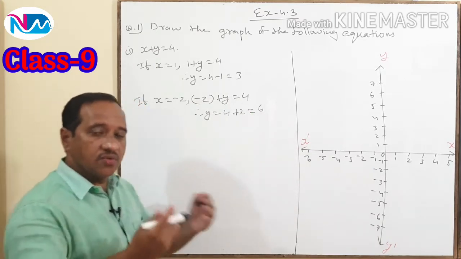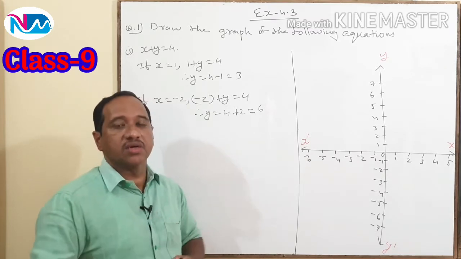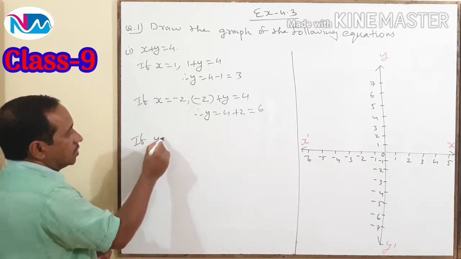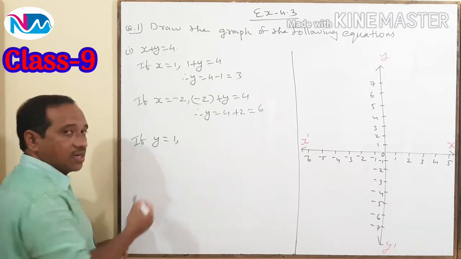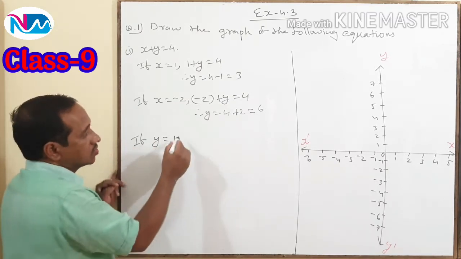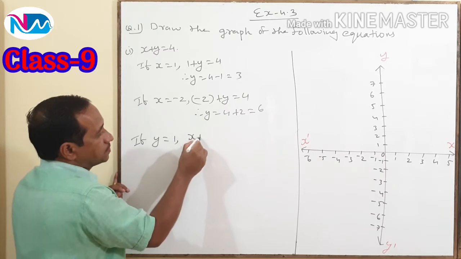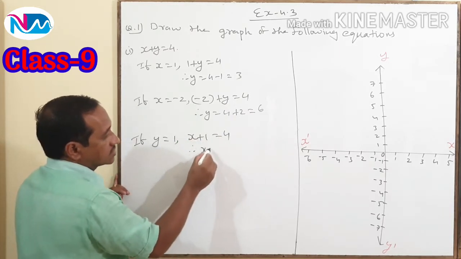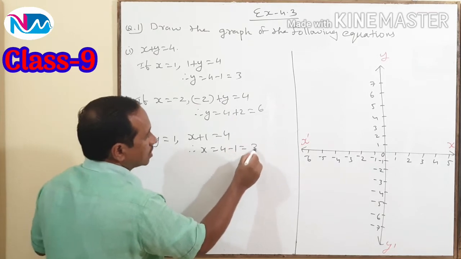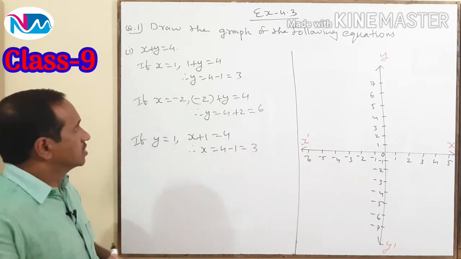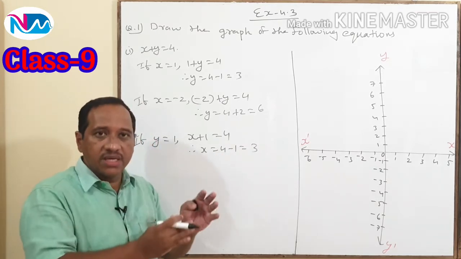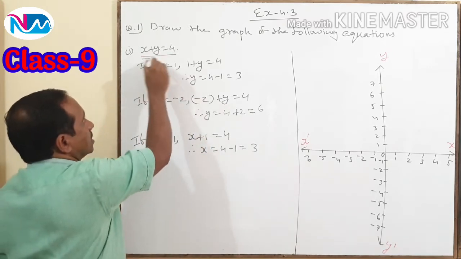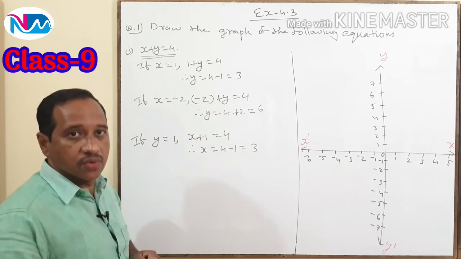You can give any value for x as well as a value for y also. Next, I give y is equal to 1, then x plus 1 is equal to 4. Therefore, x is equal to 4 minus 1, that is equal to 3. So here we are getting 3 solutions of the linear equation x plus y is equal to 4.